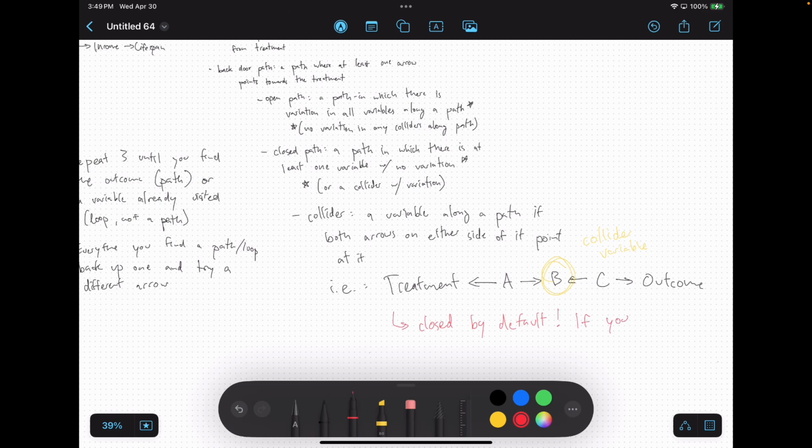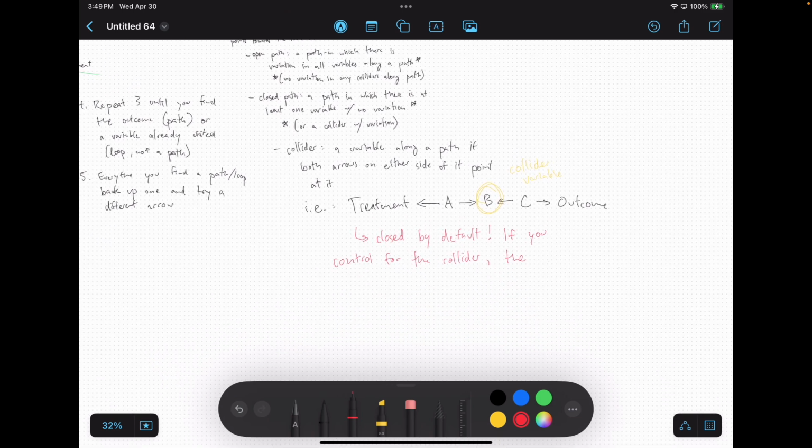If you control for the collider, the path opens, unless you control for another variable in the path.